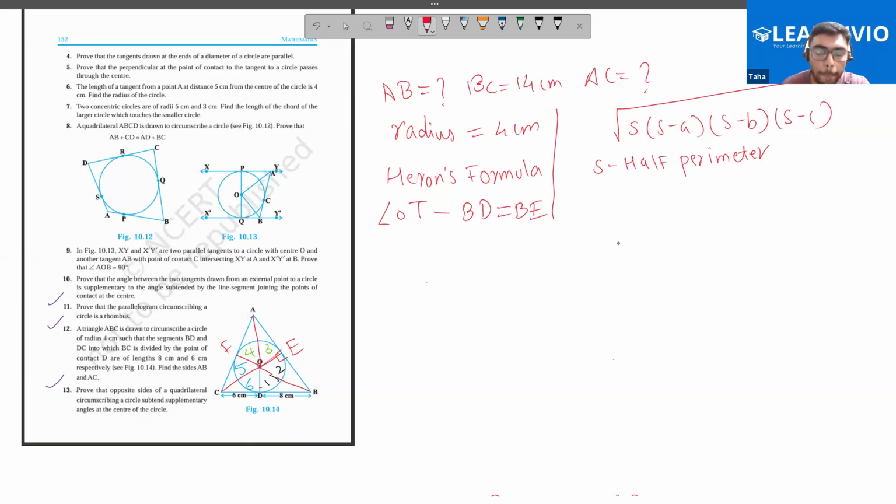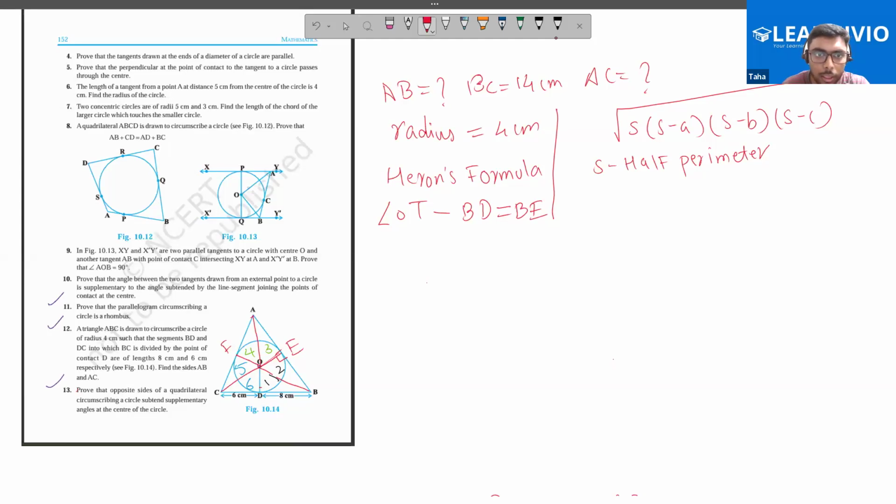Which extra side are you talking about? We have only three sides, right?